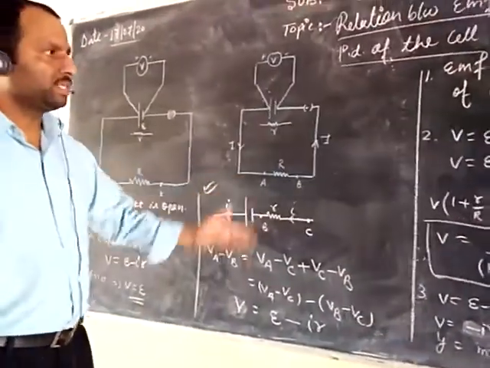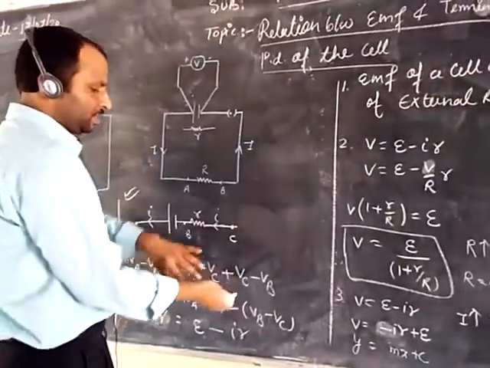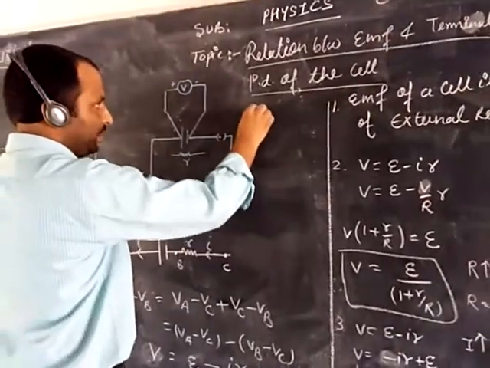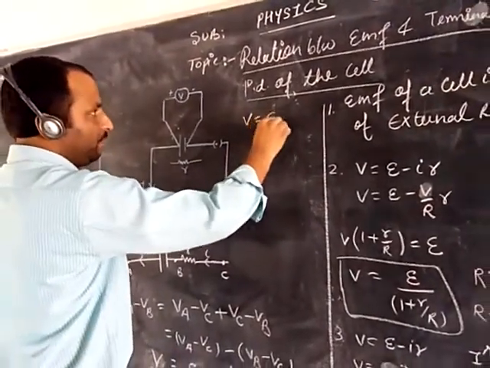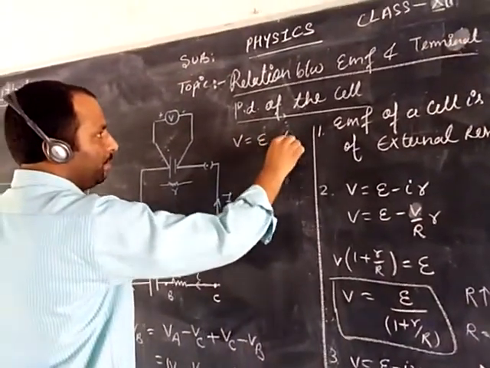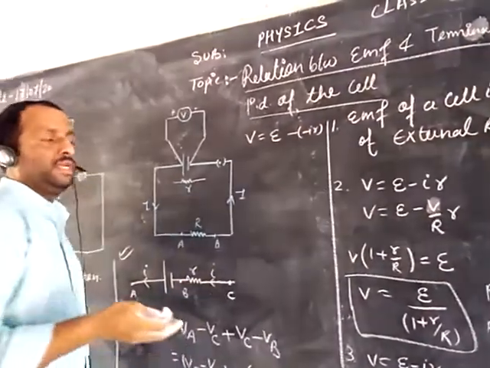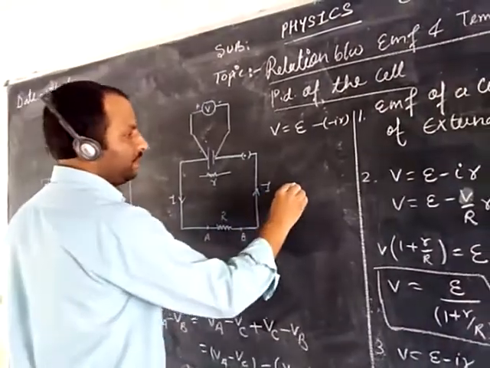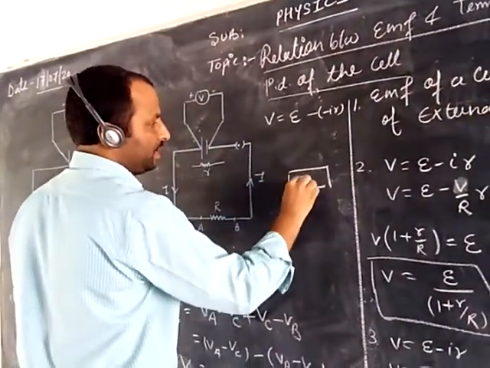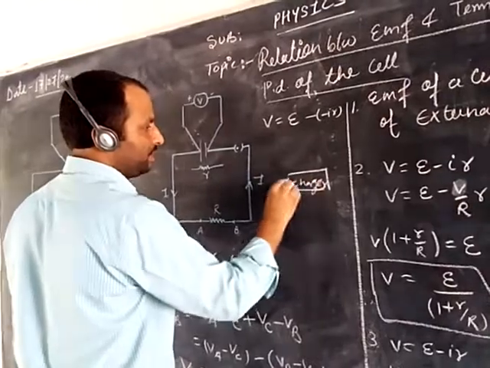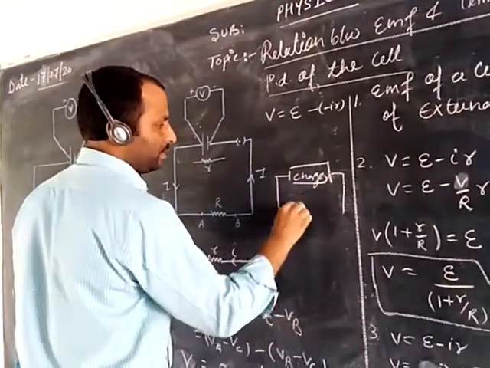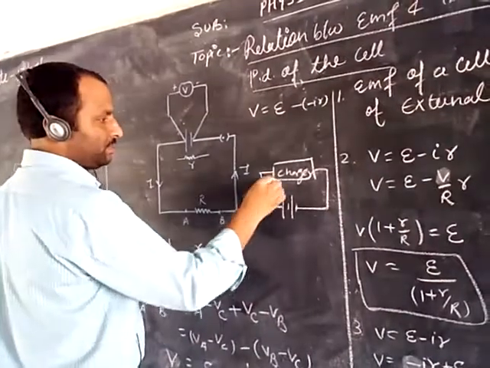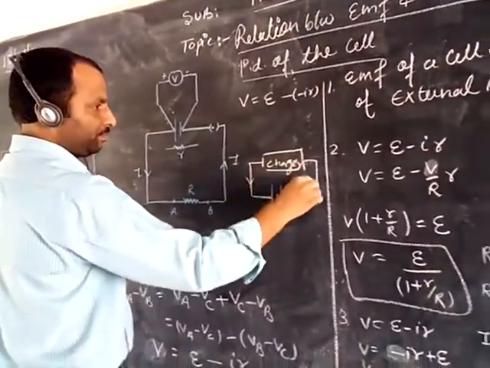In the case of charging, the direction of the current is reversed. So in the case of charging this equation will get modified. If this is your charger which is charging the cell battery, it will send the current in this way.